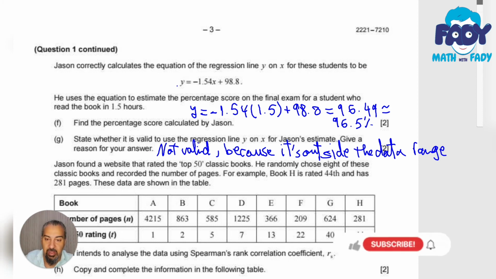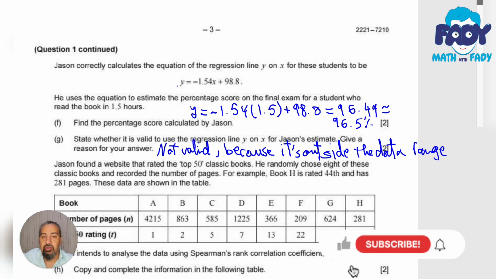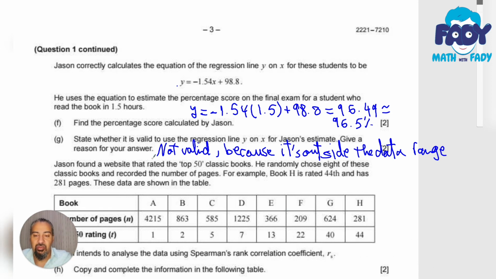And let me highlight: if you are not writing the reason, because it's outside the data range, your answer not valid will not be considered. If you are not writing a reason, you will not get a point. Writing just not valid, or even valid, any of the answers will not be considered without a reason.